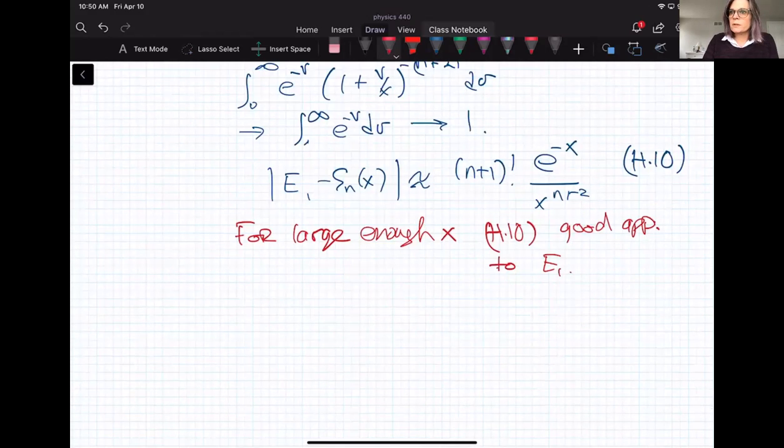So the utility of this is often we look at what happens when x is small, right? In an asymptotic series, we look at what happens when x is large, and use that as our approximation.